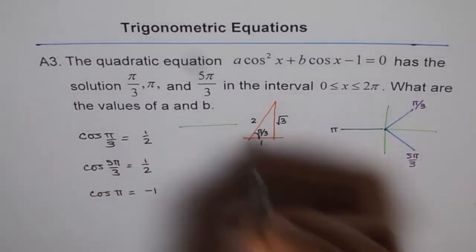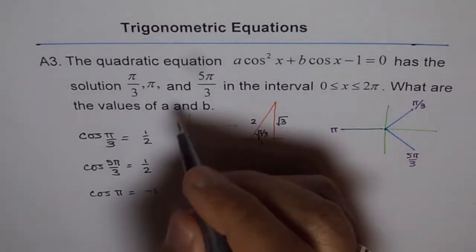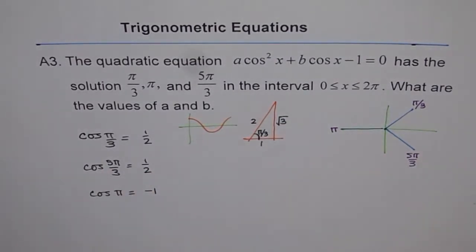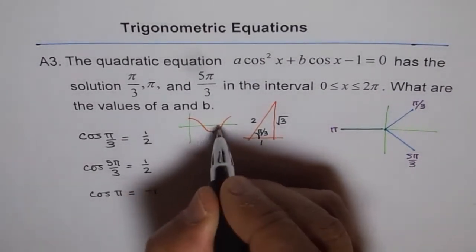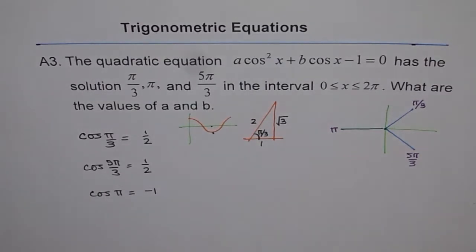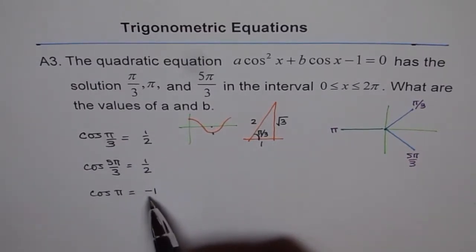For the cosine wave, at 0, 90, 180, I prefer the cosine wave, so at pi it is minus 1. So basically our quadratic equation has zeros for these values, half and minus 1.